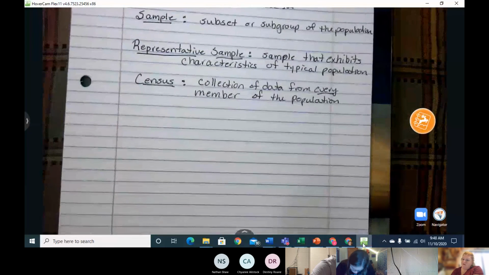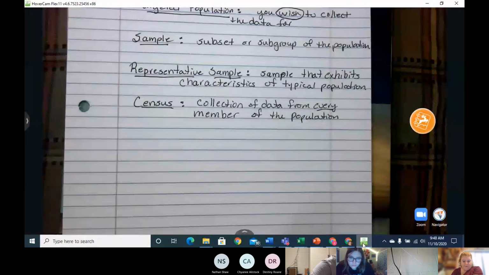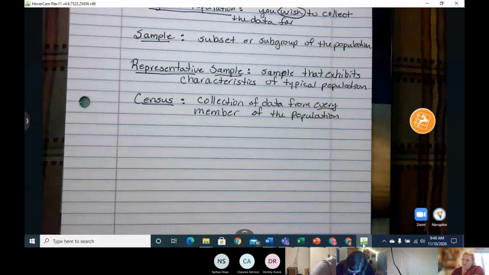Now, using those particular vocabulary terms, I just want to run through an example problem and show you how to use those terms to pick out information in a problem.